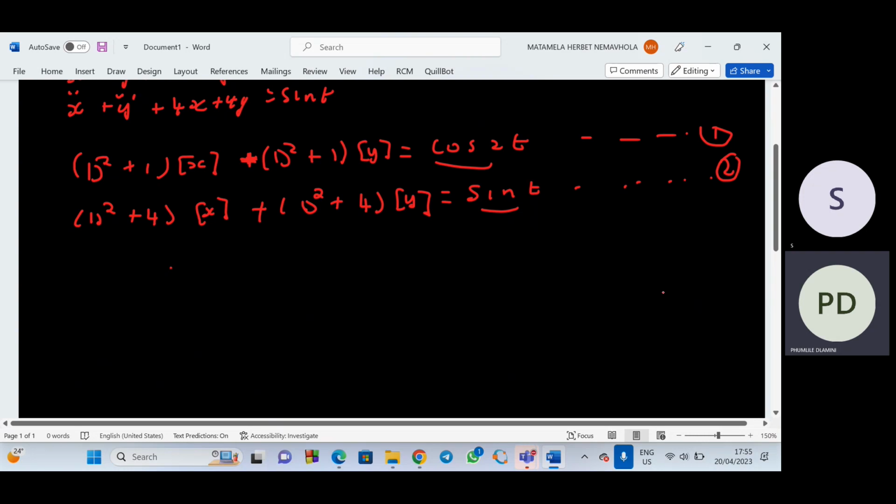Now we're going to write this in terms of an equation. The first thing you can do is decide which one you want to solve first. In order to do this, we can first multiply the whole equation by d squared plus 4.